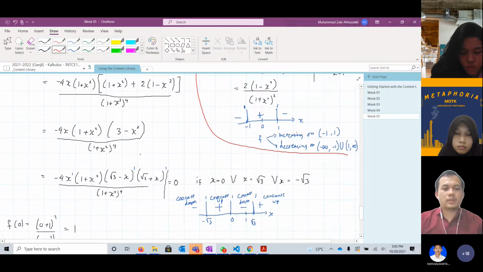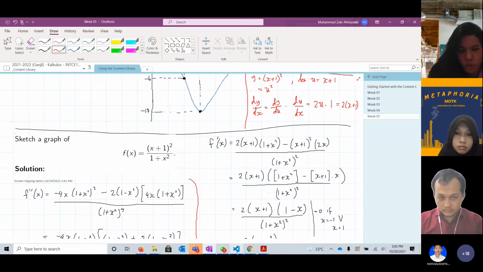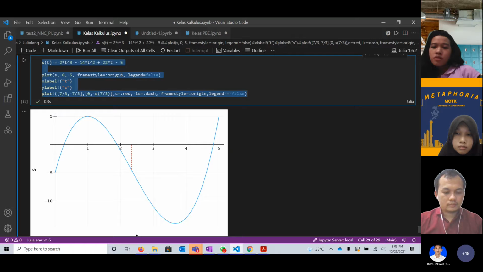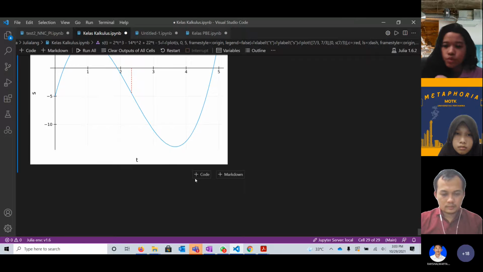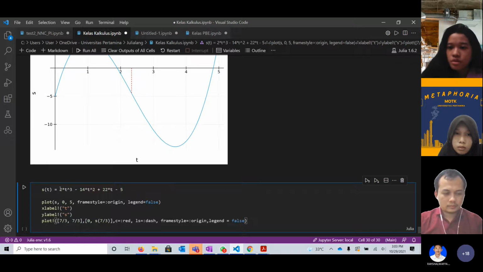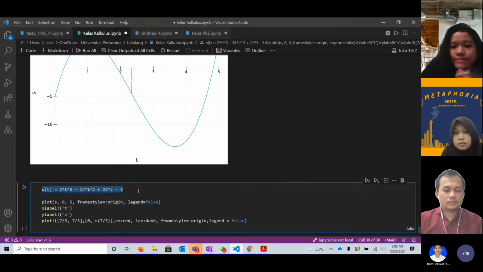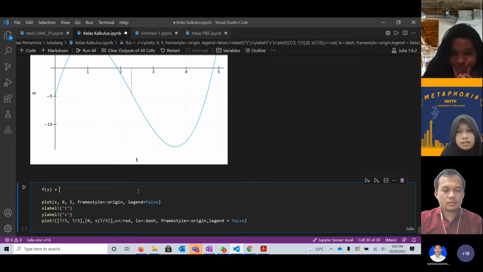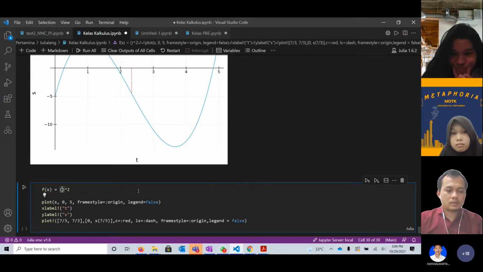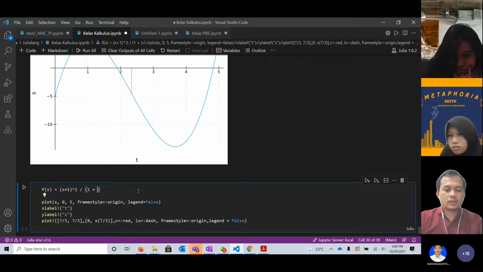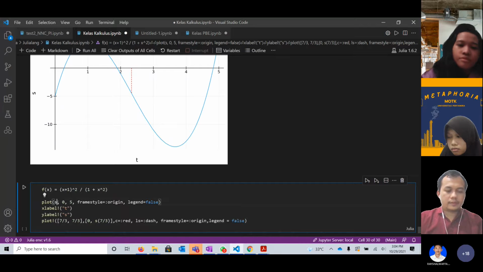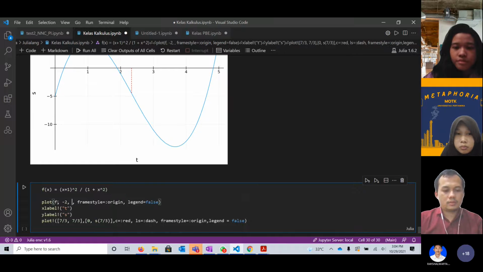Let me just plot it with the machine. f of x is equal to (x plus 1) squared over (1 plus x squared). Just plot f from minus 3 to 3.